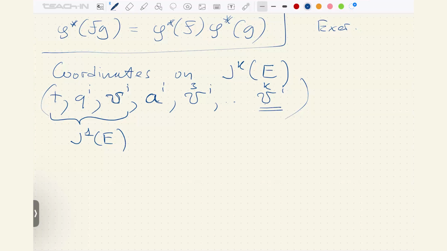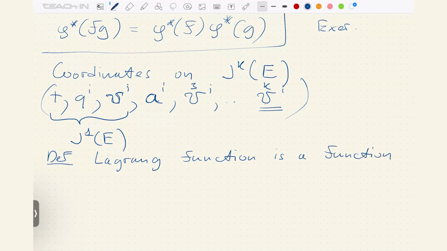Okay, and by definition, in general, if we are not limited, for instance, to a second order system, or want to consider Lagrangians, even for a second order system, the Lagrangian could depend on accelerations. So the Lagrange function is a function on J^k of E, for some k, of course.